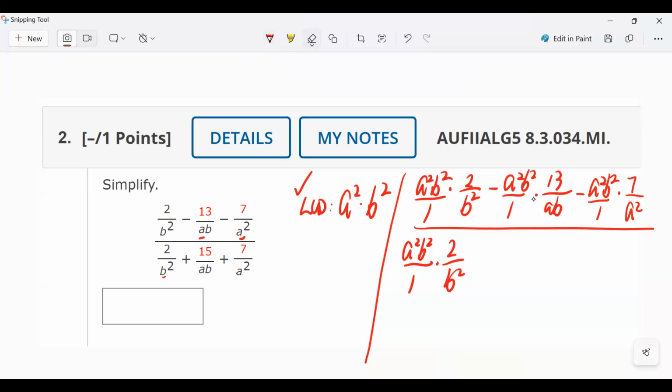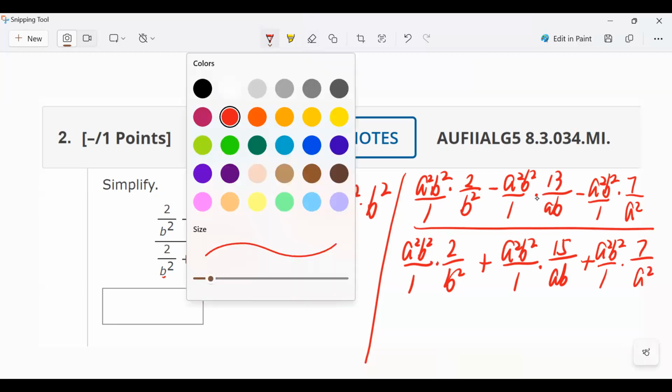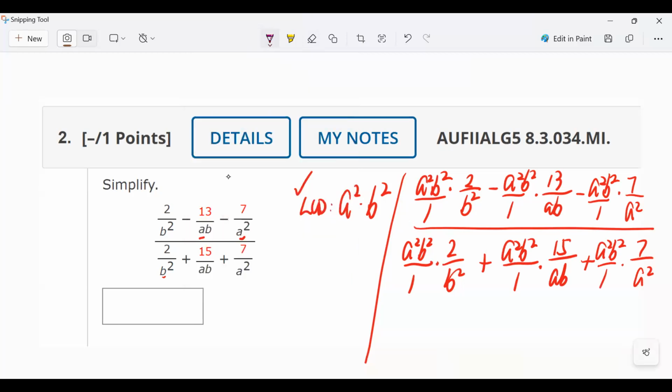First term, second term. A square b square times 15 over ab. A square b square times 7 over a square. Then we're going to start canceling, right?